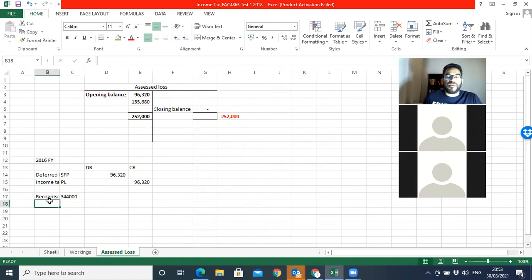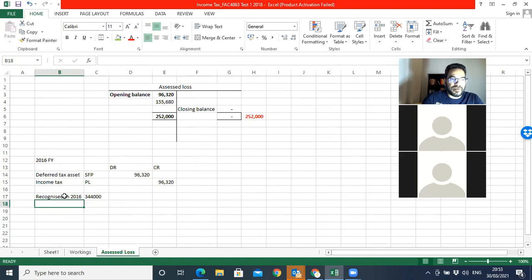So this year, because I can utilize the full 900,000 Rand, I can recognize the difference between the 900,000 and what I recognized in previous years.